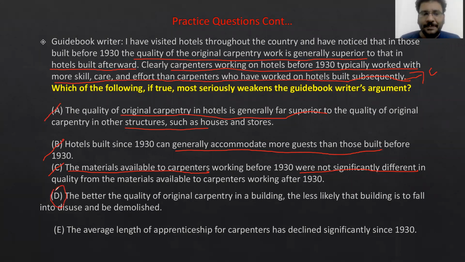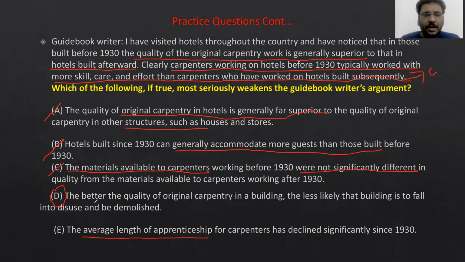Let's look at E. E says the average length of apprenticeship for carpenters has declined significantly since 1930s. Now, again, does that have anything to do with the argument? Does it say anything about the quality of original carpentry, right?